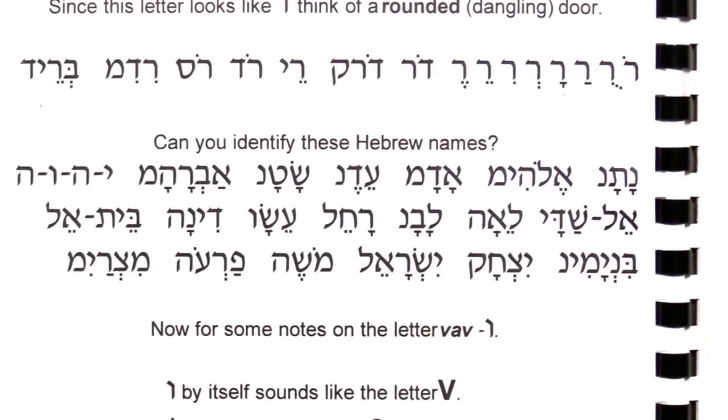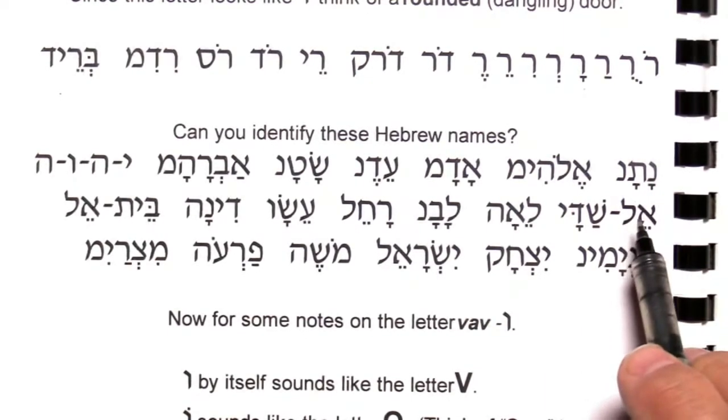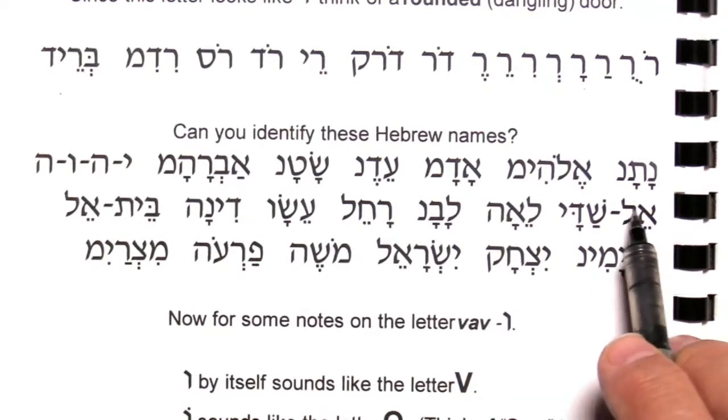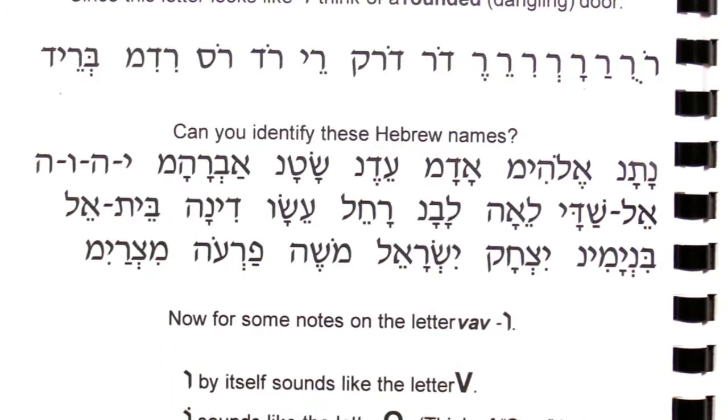Now below we have real Hebrew names, just as they appear in the scriptures. So what I want you to do is, as you pronounce these, these are the Hebrew pronunciations, of course, and you may have to interpolate a little bit to figure out what the English name is.